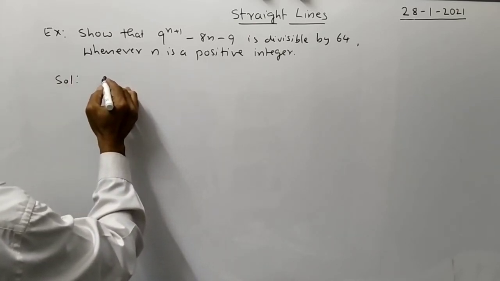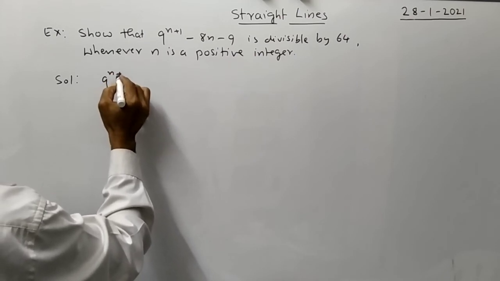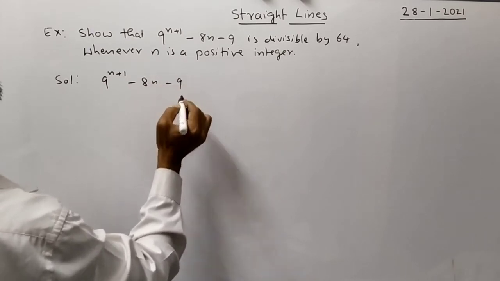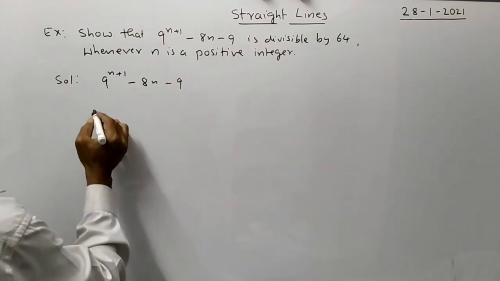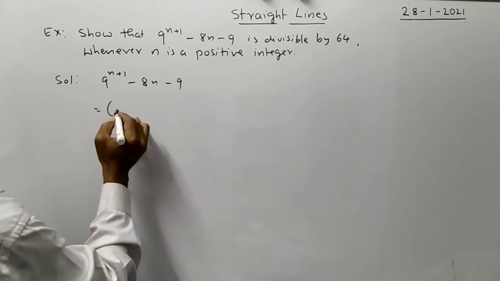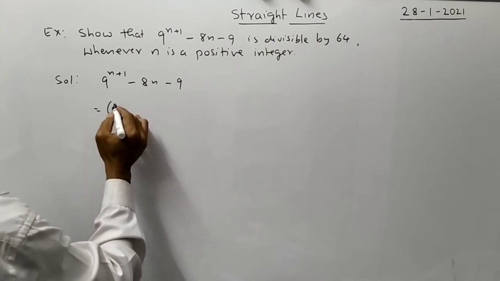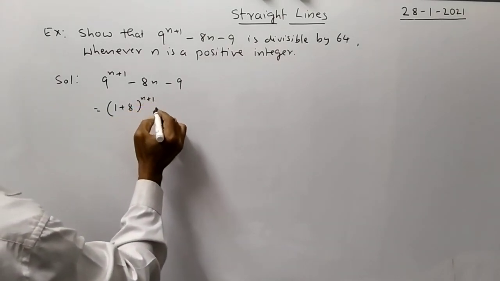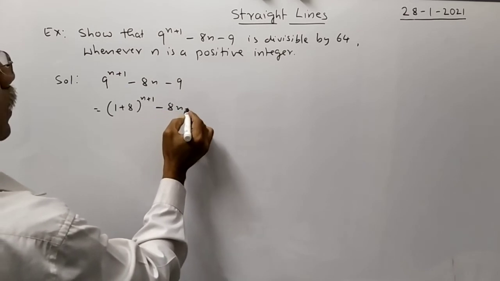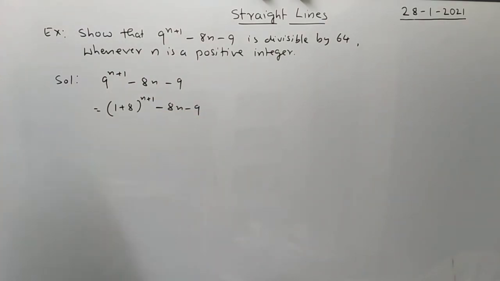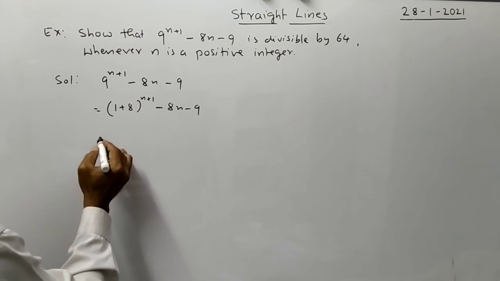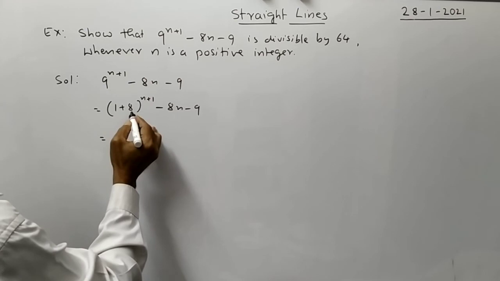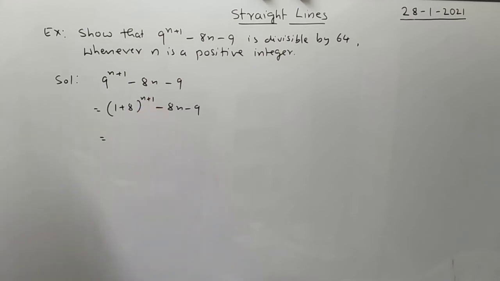Let us take 9 raised to the power n plus 1 minus 8n minus 9, which is equal to 1 plus 8 whole raised to the power n plus 1 minus 8n minus 9, since 9 can be written as 1 plus 8.